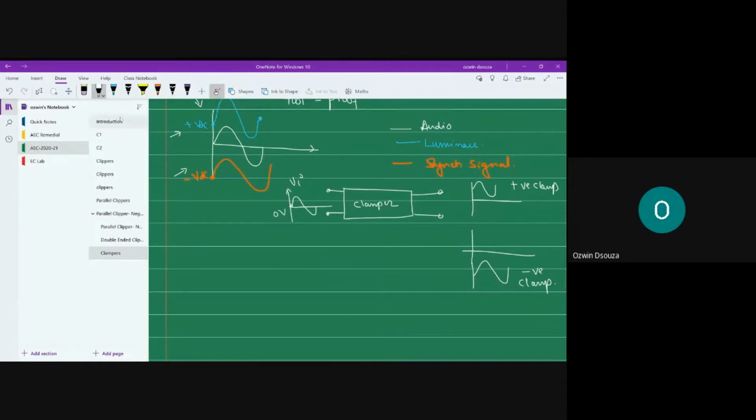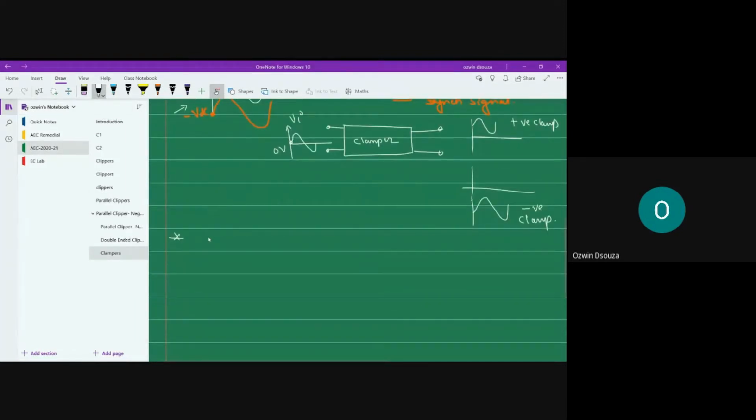Now let us look at the engineering aspects of the clamper, that is, the design and the analysis part. Clamper circuits, classification. Just like clippers, clampers are classified broadly into two types: biased clampers and unbiased clampers.